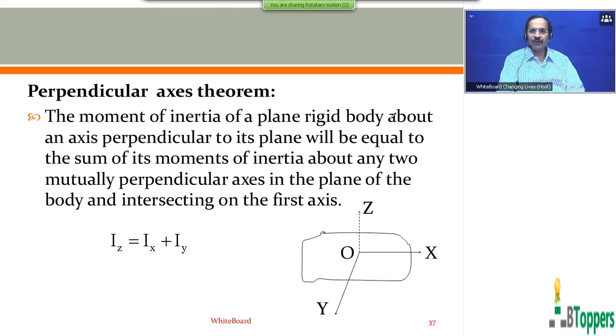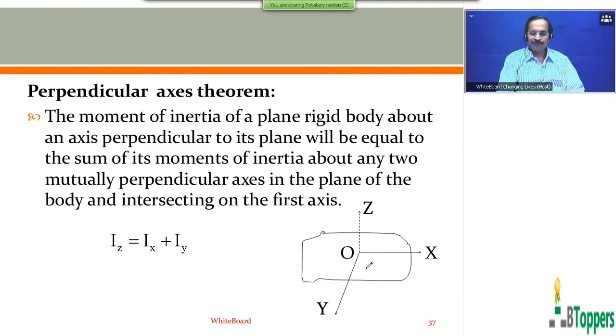The moment of inertia of a plane rigid body about an axis perpendicular to its plane will be equal to the sum of its moments of inertia about any two mutually perpendicular axes in the plane of the body and intersecting on the first axis.